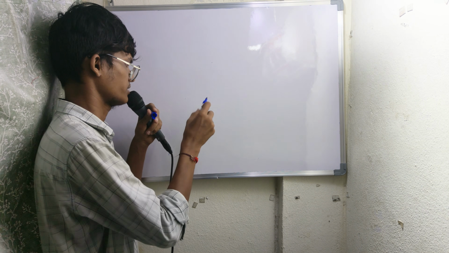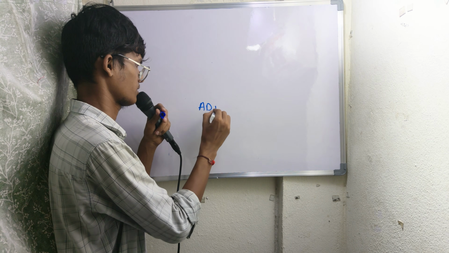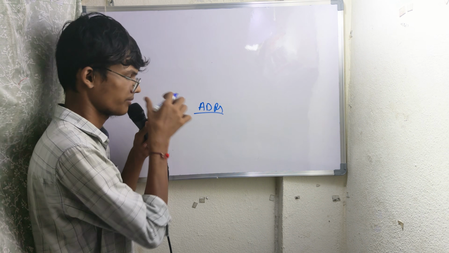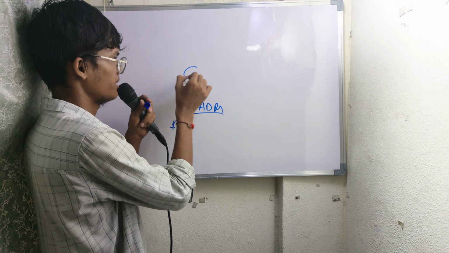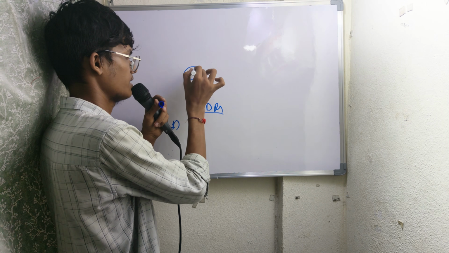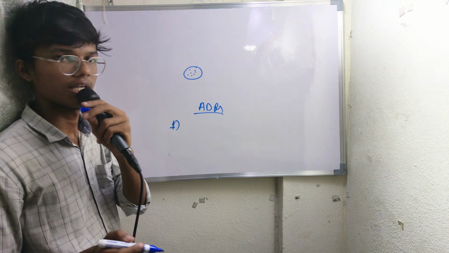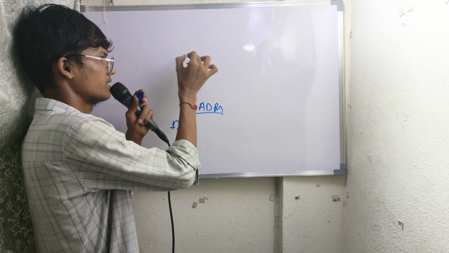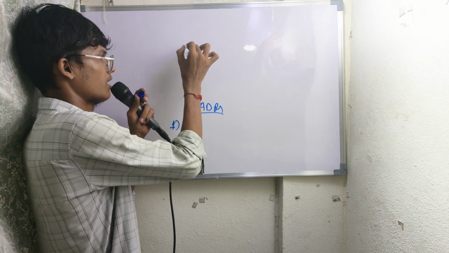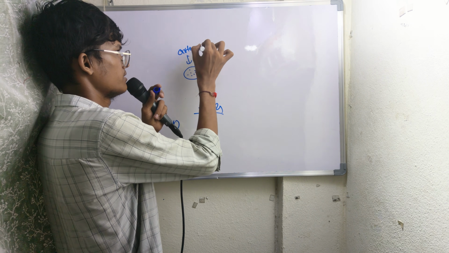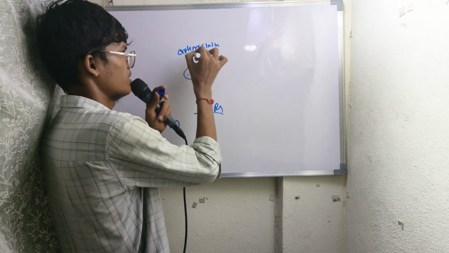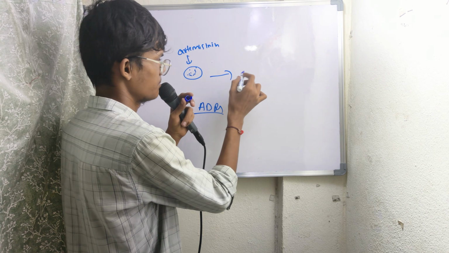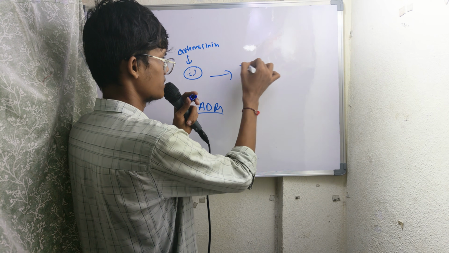Now the adverse effects. First, there are the parasites in the RBC, right? Artemisinin will kill these parasites, and the spleen will clear these RBCs.